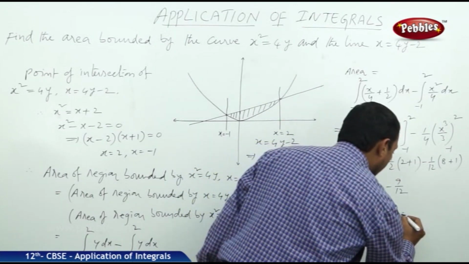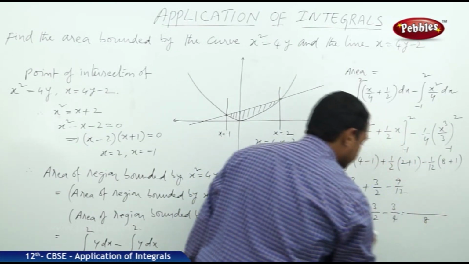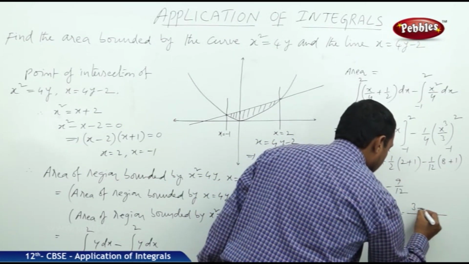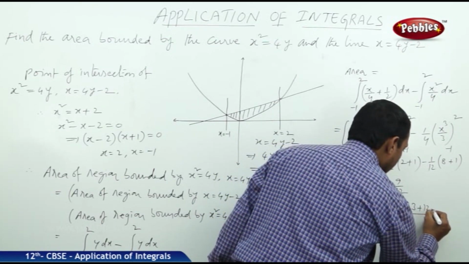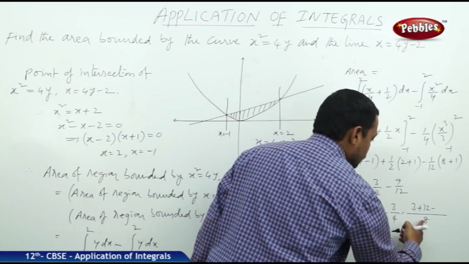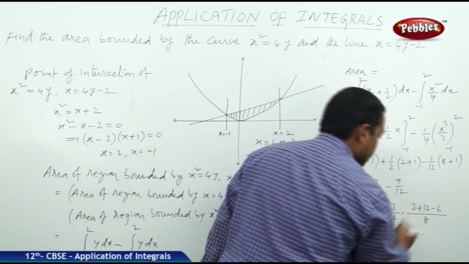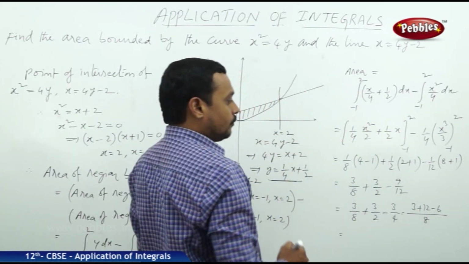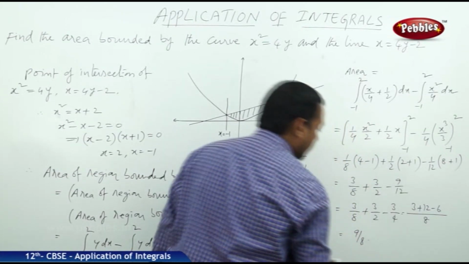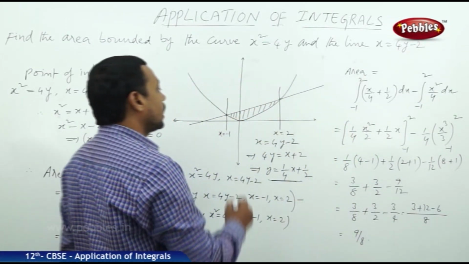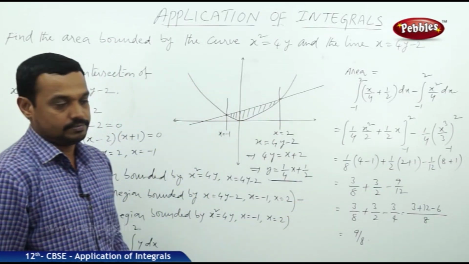Now clearly we take the LCM 8, now this is 3, it is 2 into 4 times, 4 3s are 12, minus 4, 2 times, 2 into 3 is 6, therefore 3 plus 12 is 15, 15 minus 6 is 9, 9 by 8. Therefore the required area is equal to 9 by 8 square units.